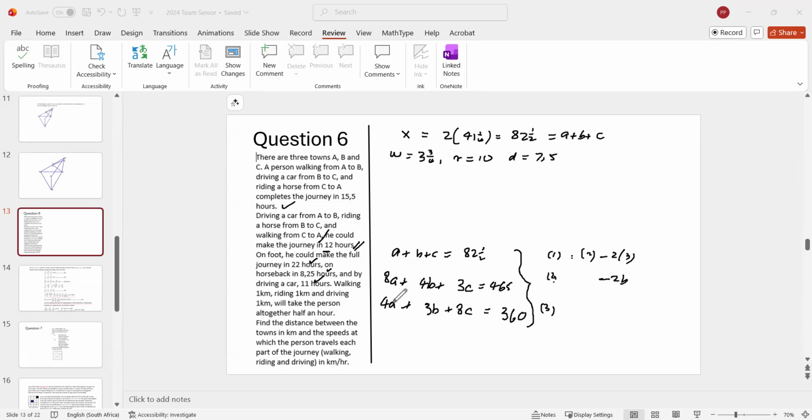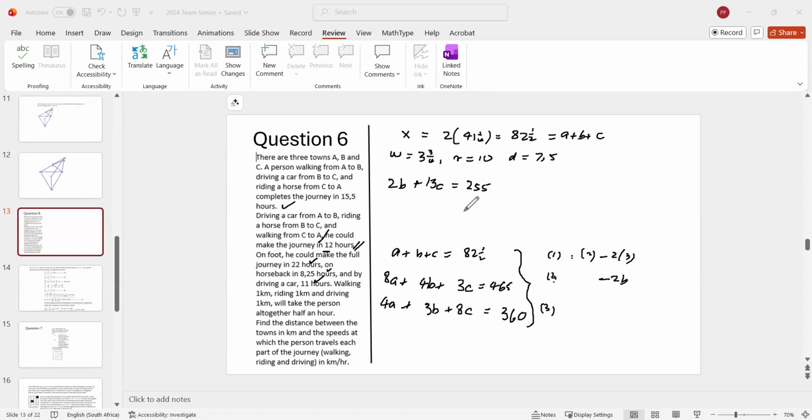Twice this minus that gives you 0. 6B minus 4B is 2B. And twice this minus that is 16 minus 3, which is plus 13C. Twice this minus that is 720 minus 465. Oh, Godfrey Daniel, that's 255. This is a big number.